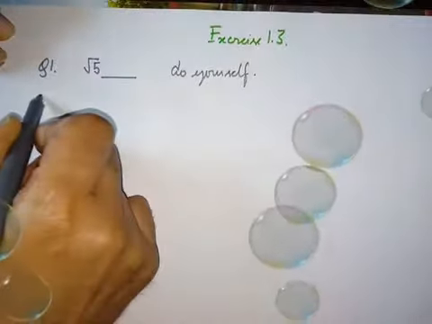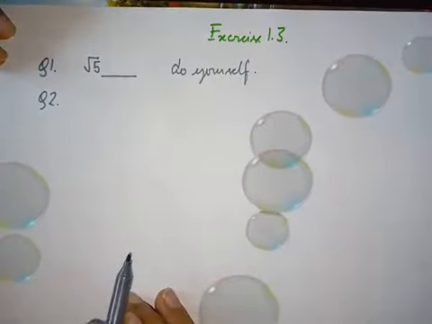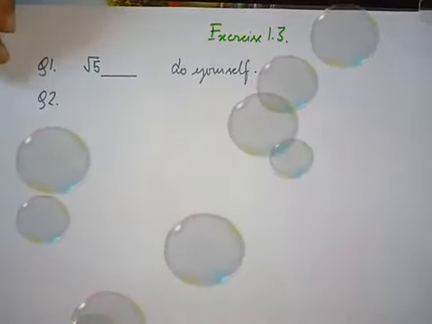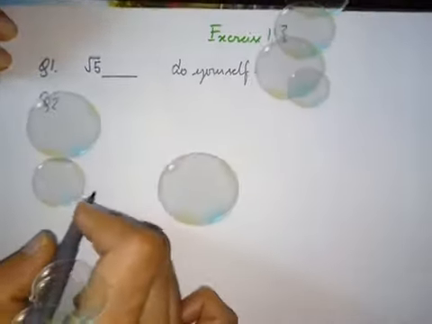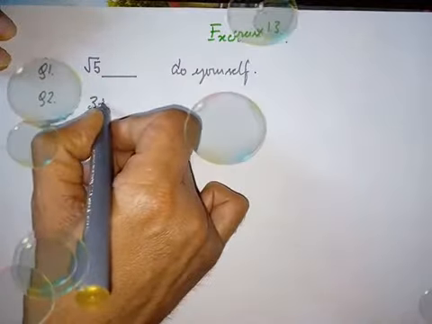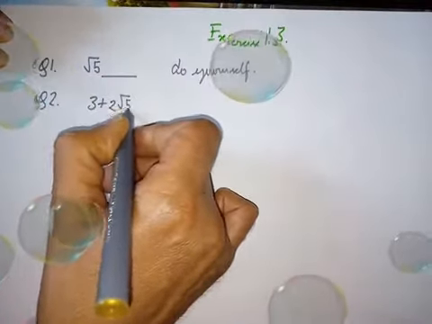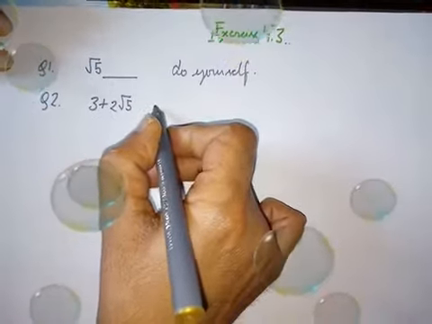Now moving to question number 2. Here again we have to prove that 3 plus 2 root 5 is irrational.